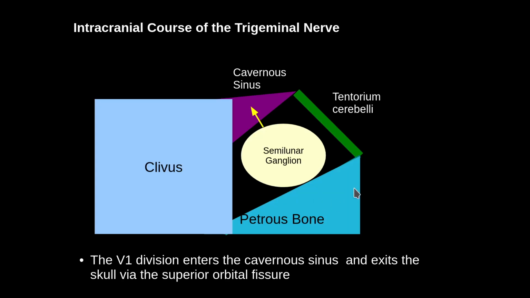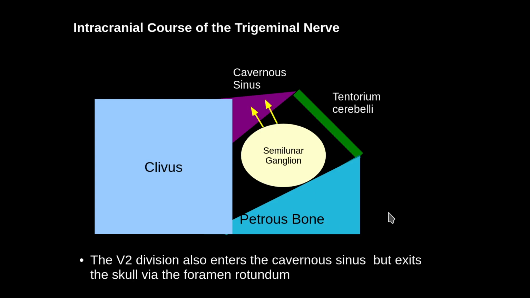Okay, so once they've penetrated and they're resting here in the semilunar ganglion, they will now diverge, as you would have learned from Dr. Seng and from 204. The V1 division or ophthalmic has its own target, which is your foreheads. So to get to your foreheads, they have to go through the cavernous sinus into the superior orbital fissure.